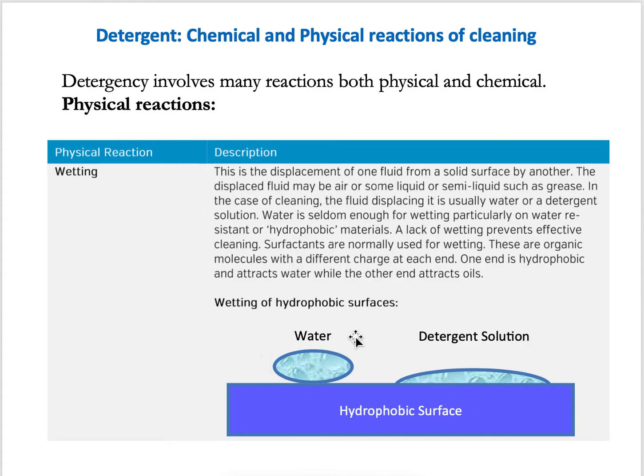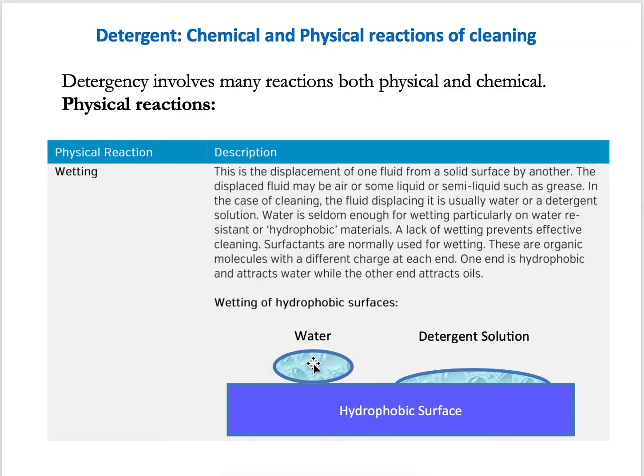Water is hydrophilic, so it repels hydrophobic surfaces. If the water comes in contact with the hydrophobic surface, it will remain like this, trying its best to separate from the surface. So the wetting will be very inefficient here.